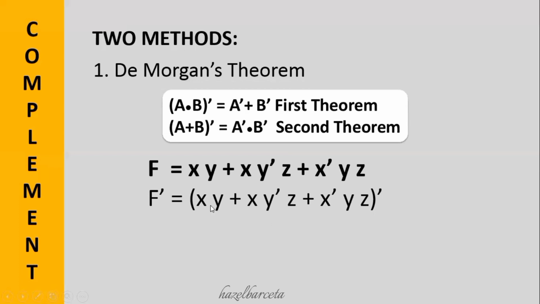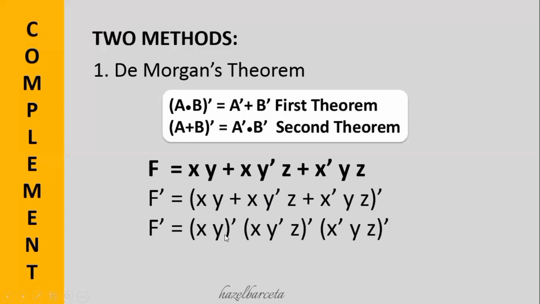Okay? So, the quantity of a plus b prime is equal to a prime times b prime. So, dito, dahil tatlo po, ang gagawin po natin ay a prime times b prime times c prime. Okay? So, let's make it like this. xy prime times, kapag wala, pwede namang may dot, pwede wala, pareho lang. This 3 enclosed in parenthesis, then prime.